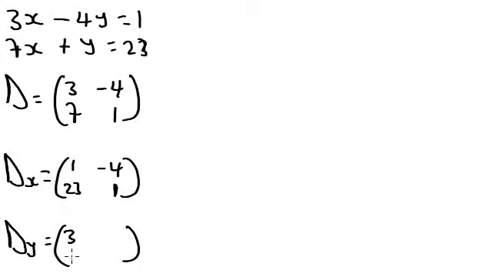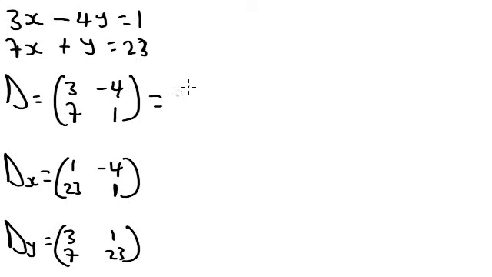So that will be 3, 7. Then we are going to replace that with this 1 and 23. Keep in mind, this is the same as excluding the coefficients of y and replacing them with this, or excluding the coefficients of x and replacing them with this. I hope you got that.